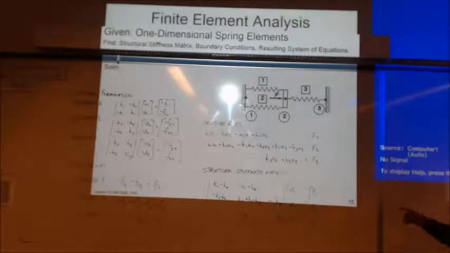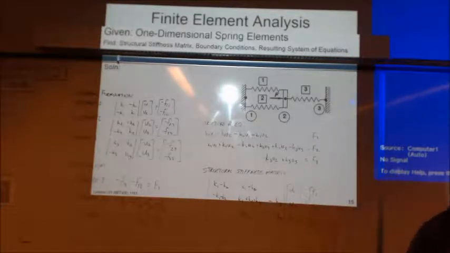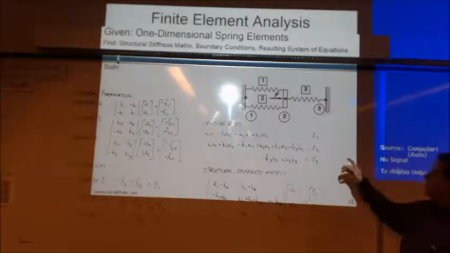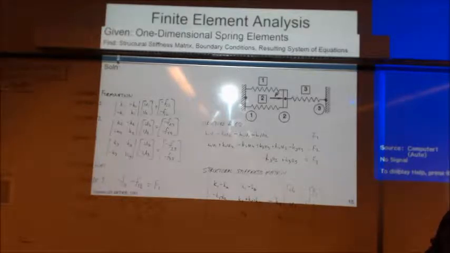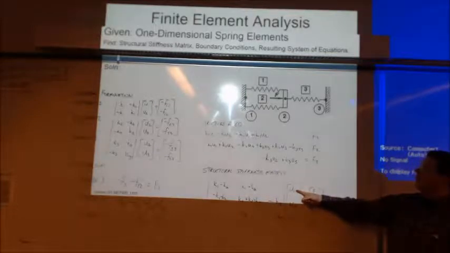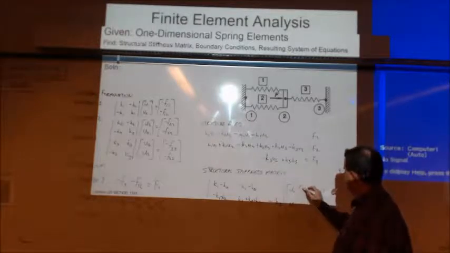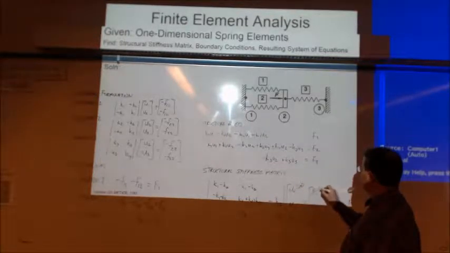So we're at our stiffness matrix. Now is the point where we start talking about our boundary conditions. What do we have for boundary conditions at node 1? We're going to have no deflection at node 1, so we can make that go to 0, and we have no force there as well.